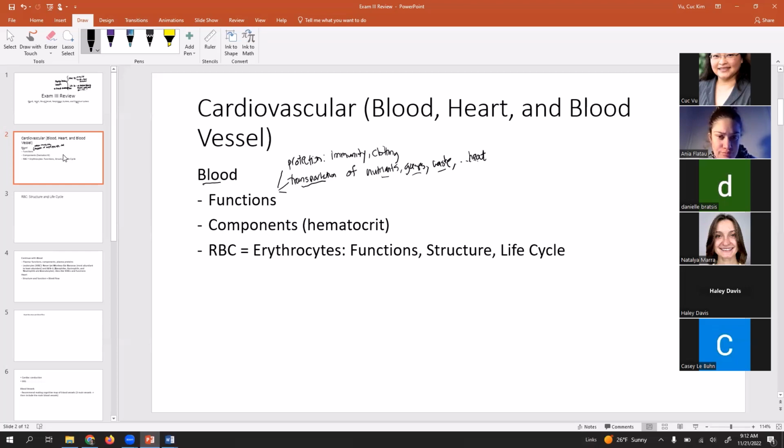The regulating of pH levels. Exactly. Fluid. Okay, so regulating of pH is one. What's another? Body fluids in general.